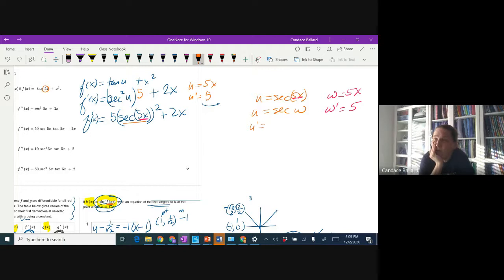And in multiple choice, the nice thing is I can kind of use my answers to help me out a little bit. So I'm looking for the derivative of secant.